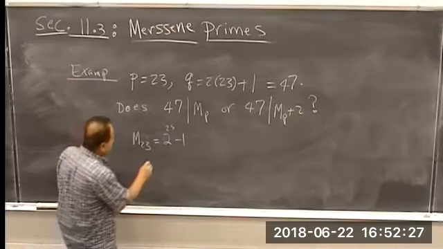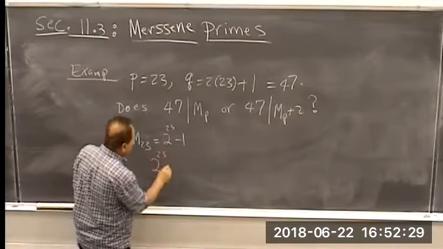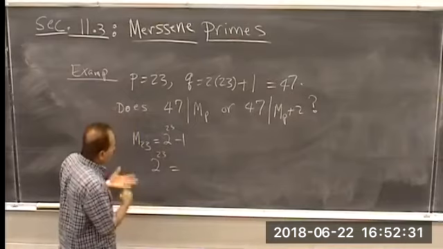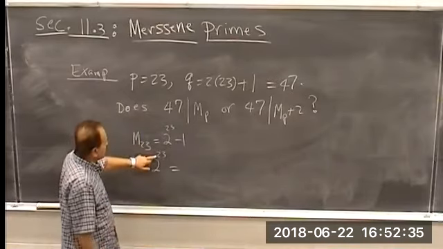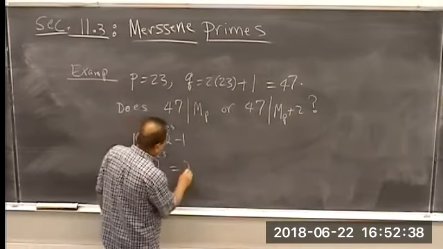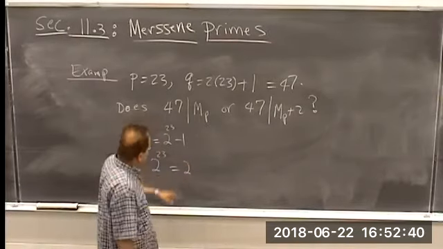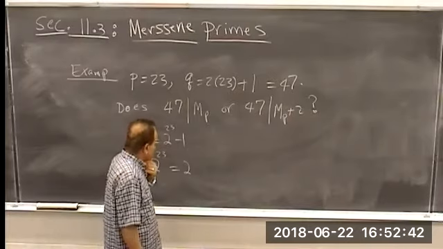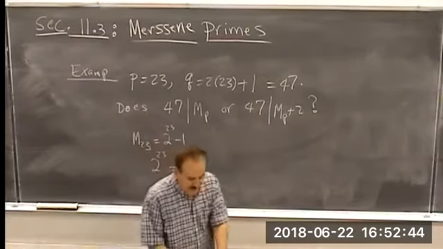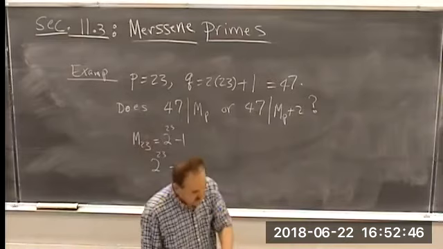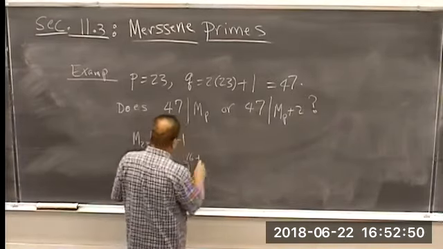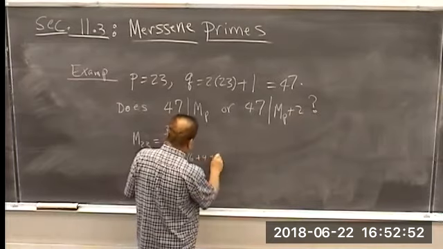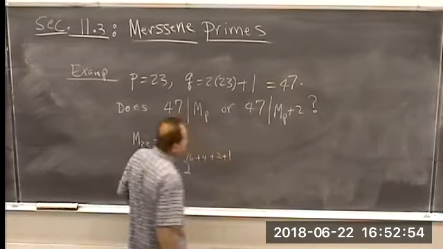So 2 to the 23, and we could use all kinds of tricks. One very straightforward way is to write 23 as a sum of powers of 2, all right? And this is actually equal to 16 plus 4 plus 2 plus 1.